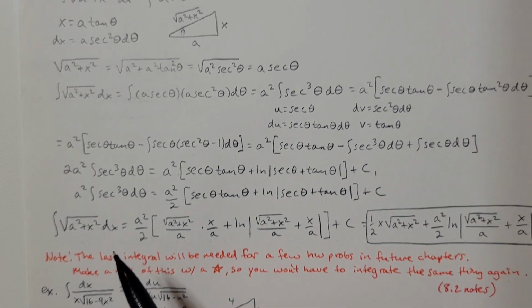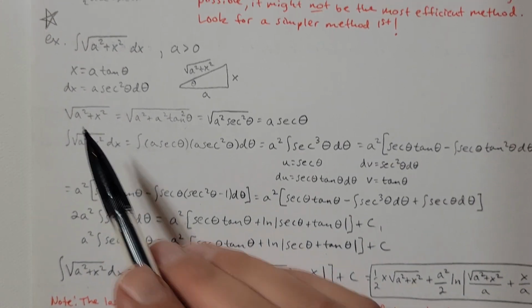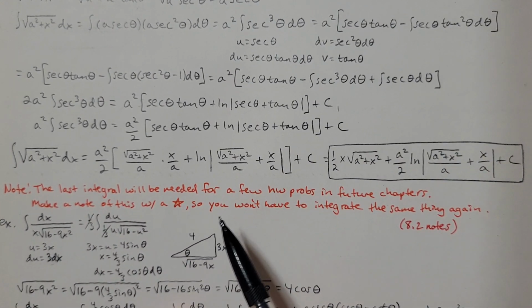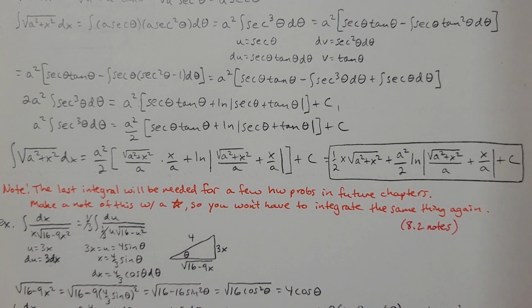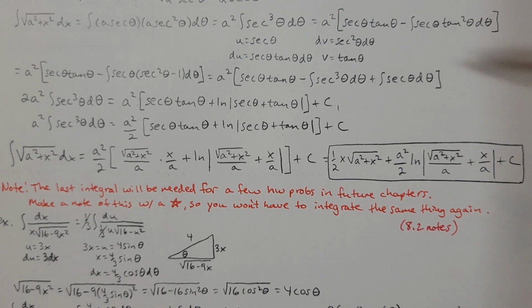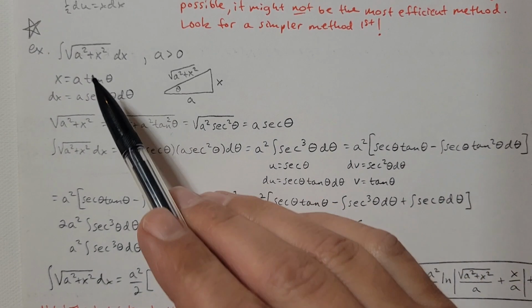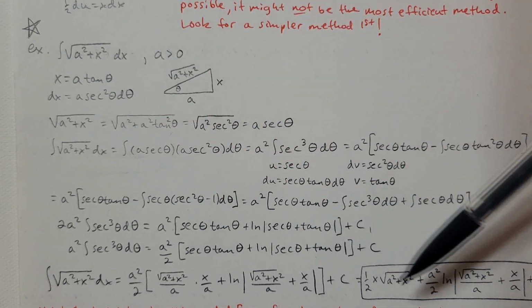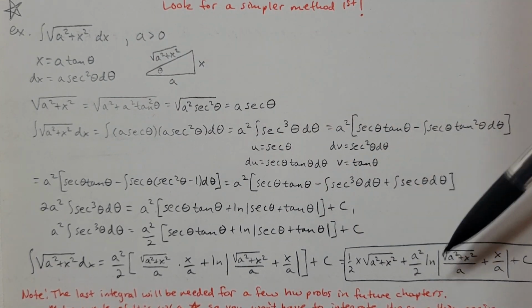Okay. Now, just as a note here, this is important, and this is why I have that star there. The last integral is going to be needed in a few of the homework problems in future chapters, specifically 8.1 and 8.2. You'll need to know this integral because I wouldn't want to do this integral all over again. If I already know the answer, I just refer to the answer.